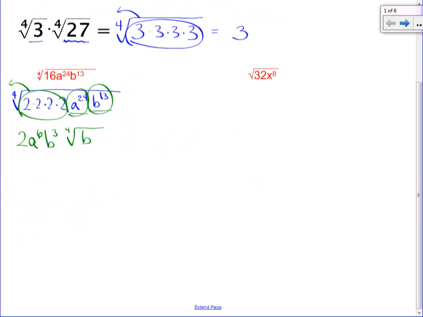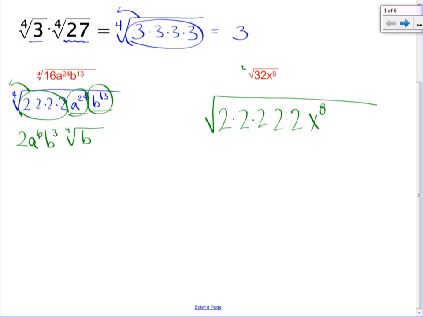When there's not a number out here, what size groups are we looking for? 2. Okay, so we've got 5 2's. We got 8 X's.